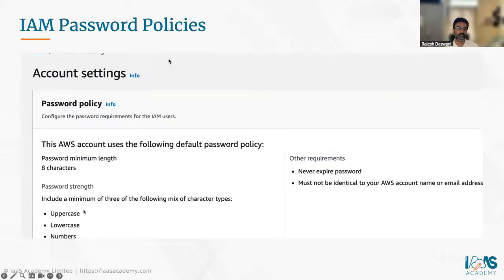You want to use a combination of uppercase, lowercase, and numbers. You want to set an expiration for that password. Every 60 days, you want your IAM users to change their password to enhance security, and so on and so forth. So remember, IAM password policies is a feature that allows you to define password complexity rules for your AWS account.